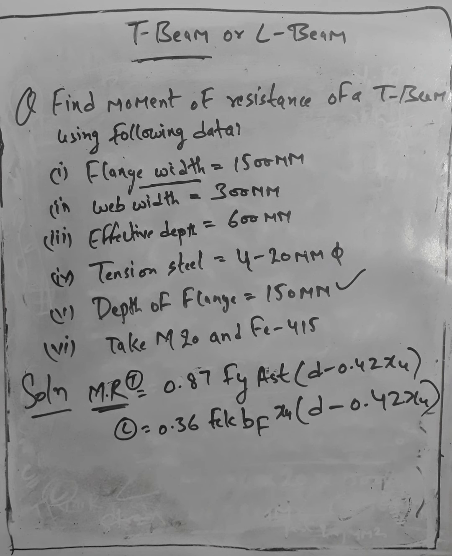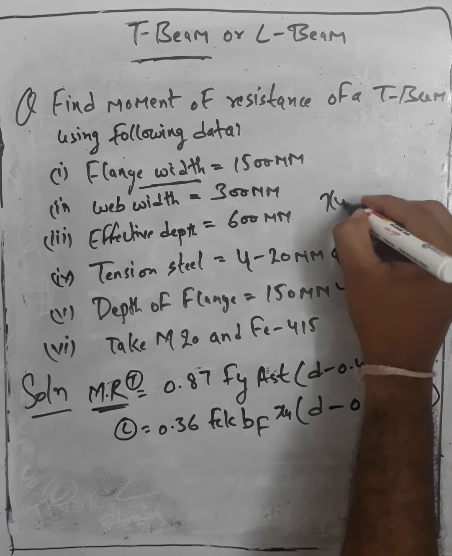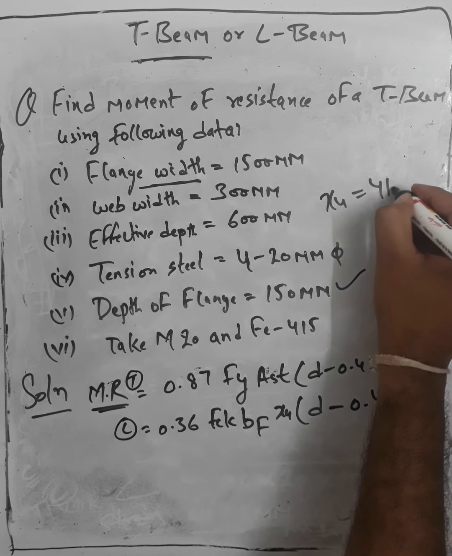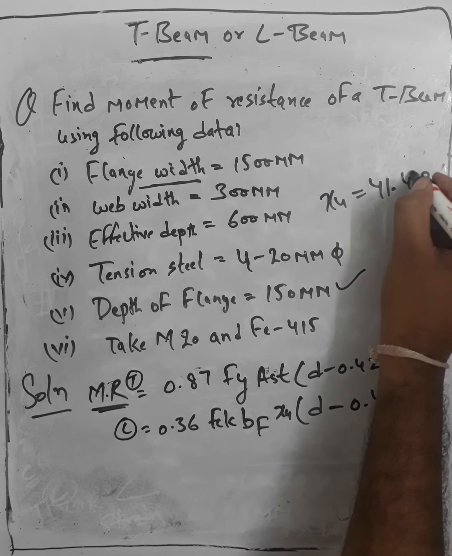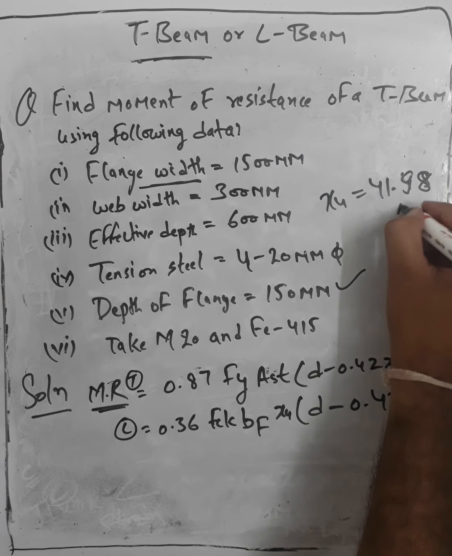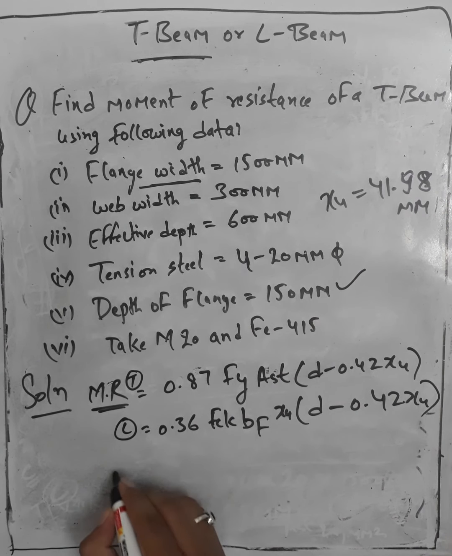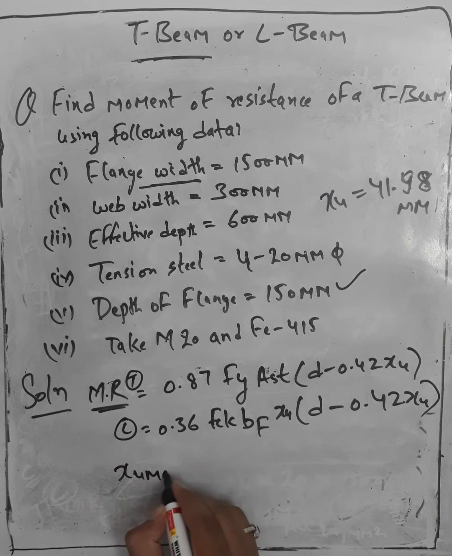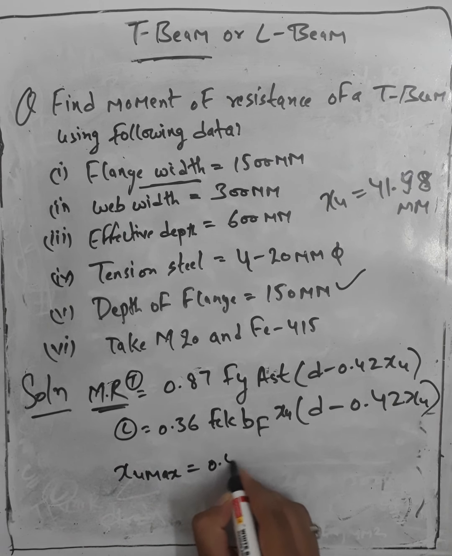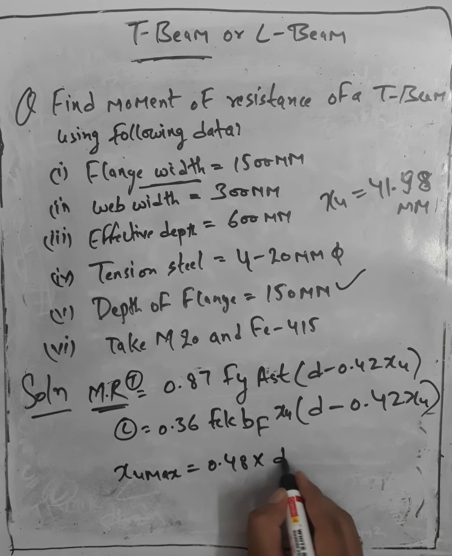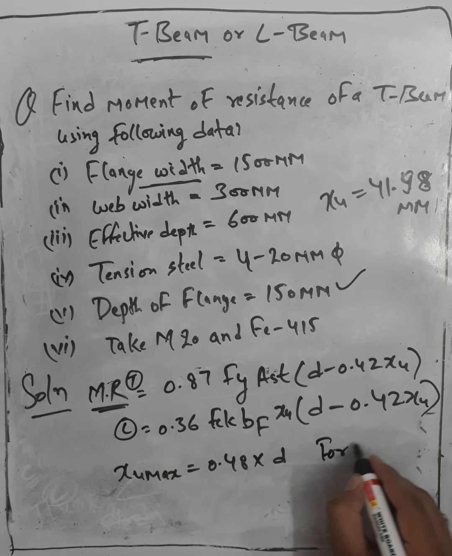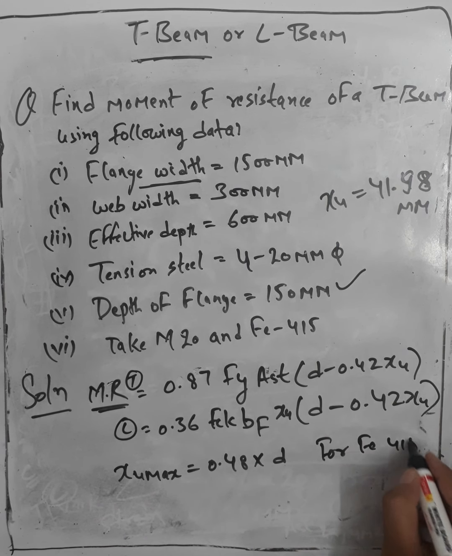Here we have to find directly the value of XU max, because we already found XU, and XU is equal to 41.98 mm. So XU max is equal to 0.48 into D for Fe415.